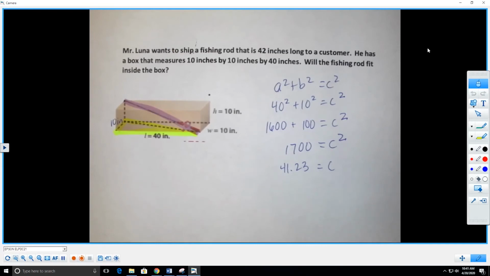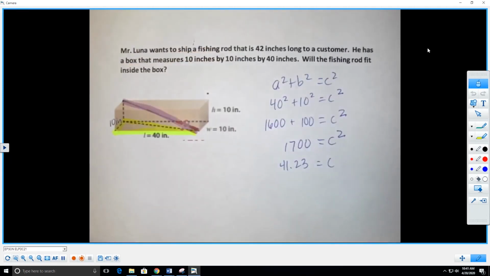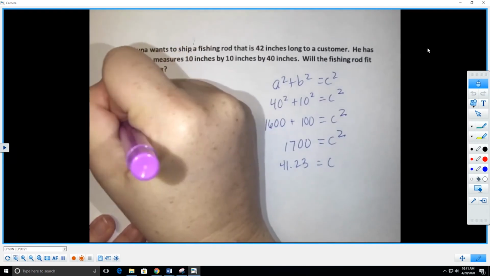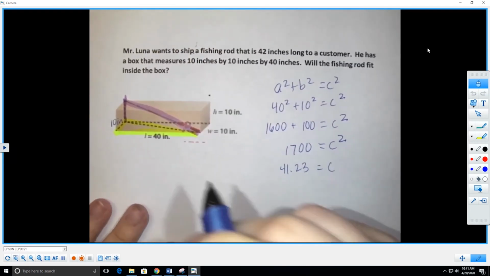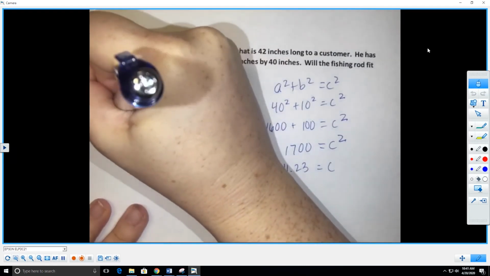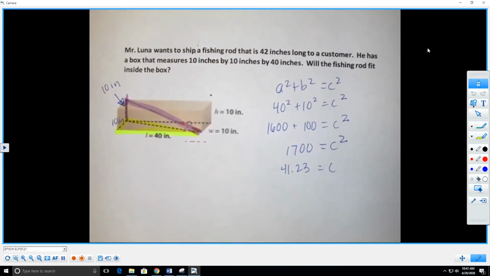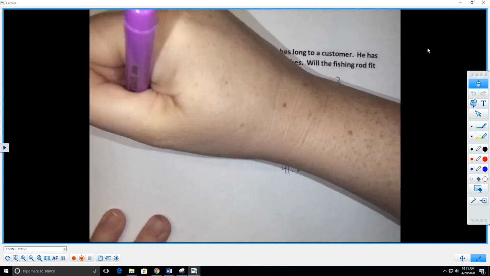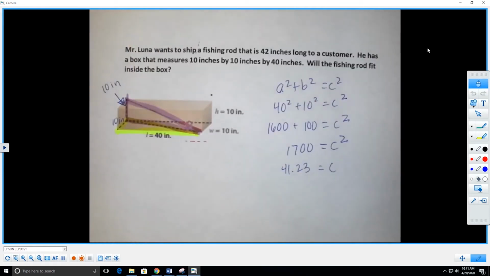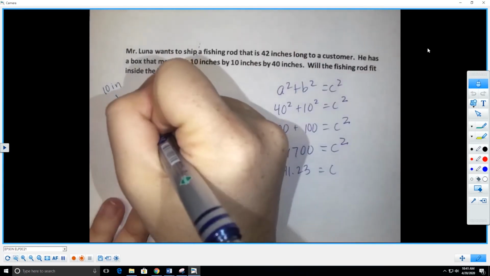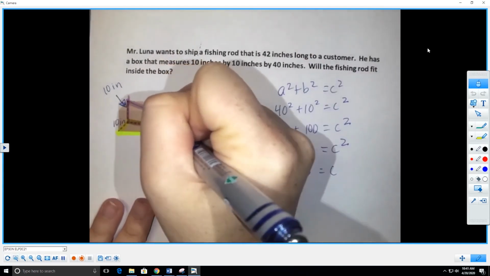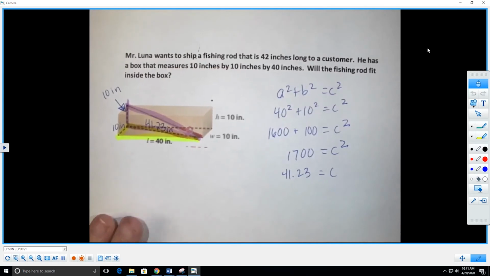I'll substitute the leg lengths first. Don't forget that one leg in this triangle is the height of the box, which is 10 inches. And the other leg is the length we just calculated here, which would be 41.23 inches.